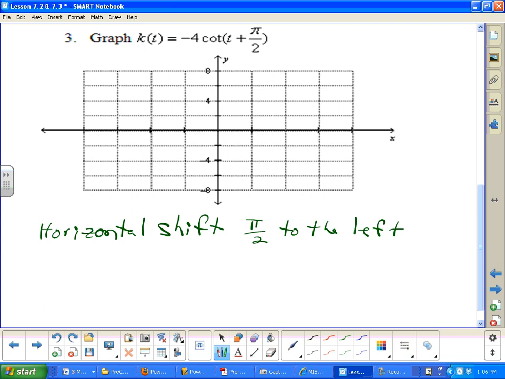Okay? Because the value of b here, b is equal to negative pi over 2. Because remember, the general form, it's t minus b, not t plus b. Okay? Then we have our vertical reflection and vertical stretch.